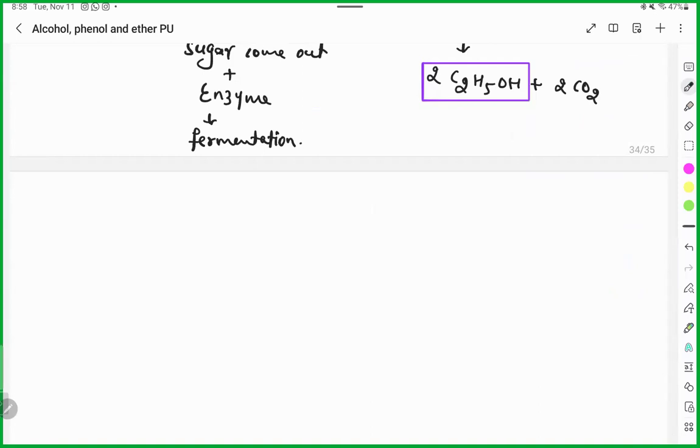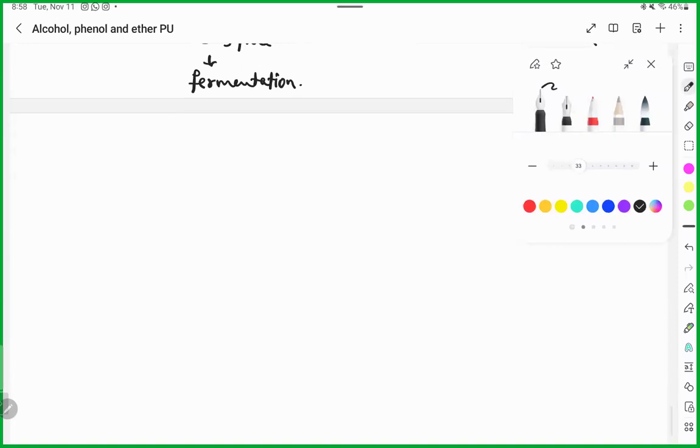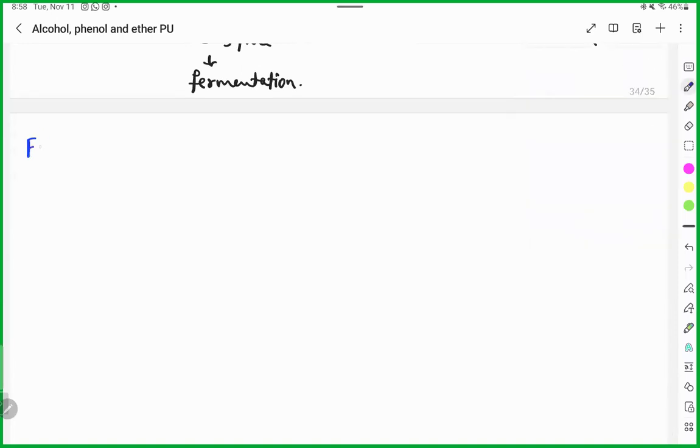Do you think we can produce pure alcohol of 100%? Absolute alcohol, we call it. Naturally, we cannot, during the fermentation process. Why? Because if you are doing fermentation, which organism is involved?